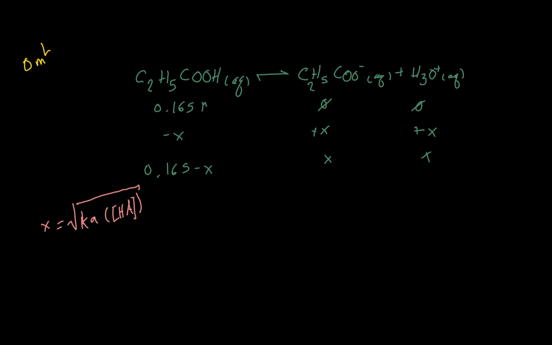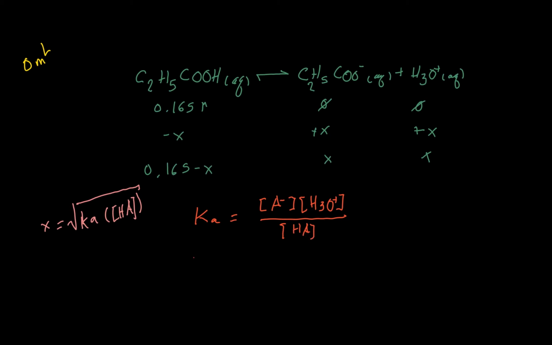And I'll take another color yet for that. All right, so we're going to write our expression here. We have Ka is equal to the concentration of the products, which I'm going to abbreviate: conjugate base and the hydronium ions, and that's over our initial concentration here.